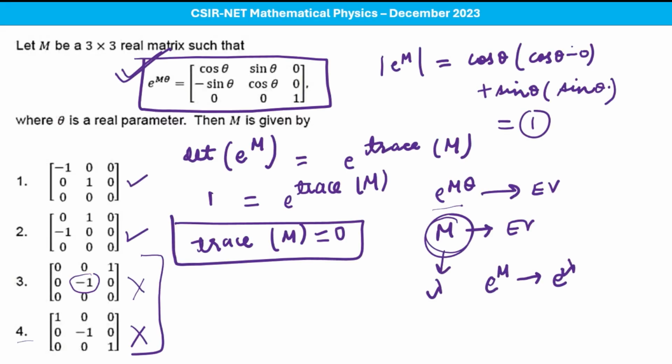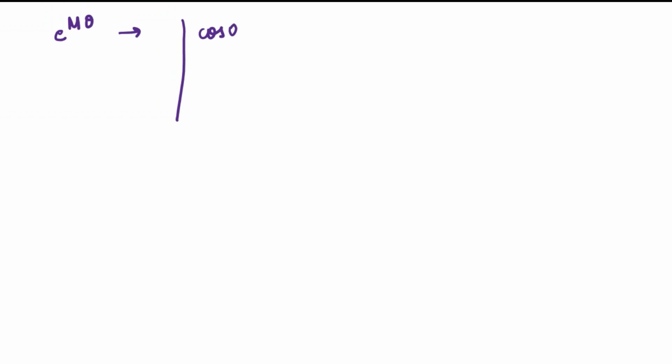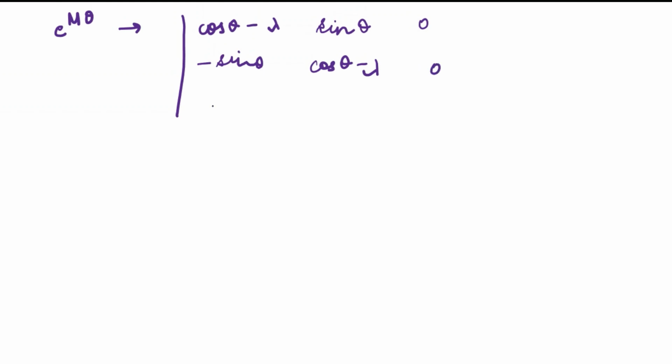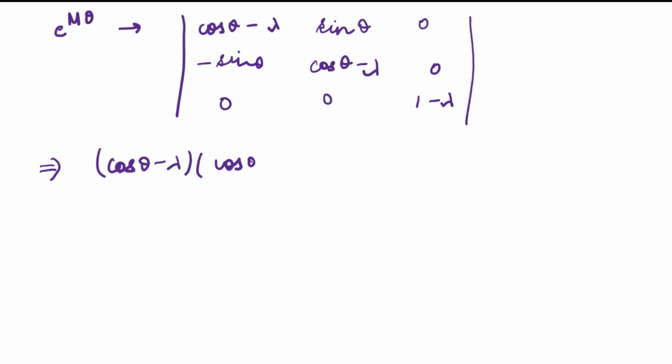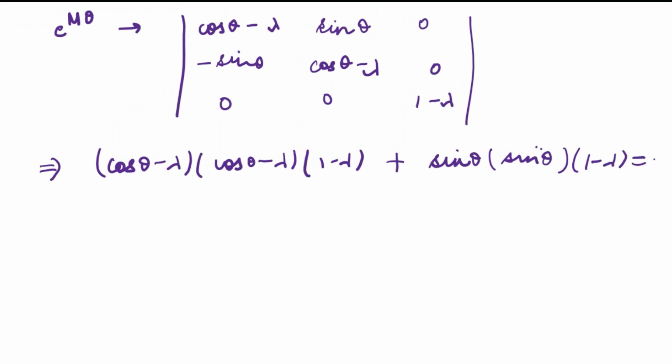So finding eigenvalues for this matrix: cos theta minus lambda, sin theta, 0, minus sin theta, cos theta minus lambda, 0, 0, 0, 1 minus lambda.